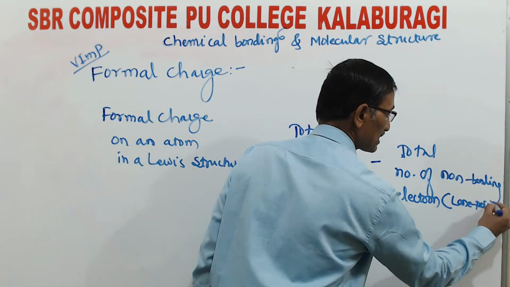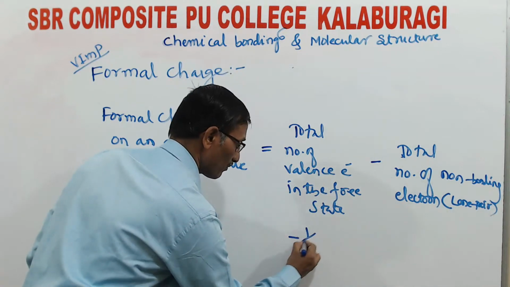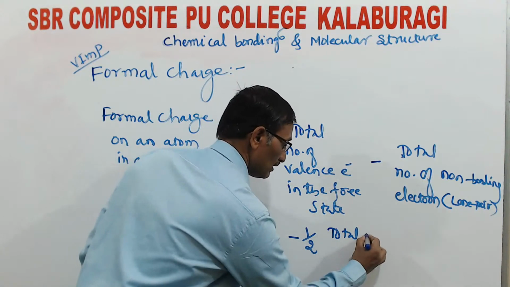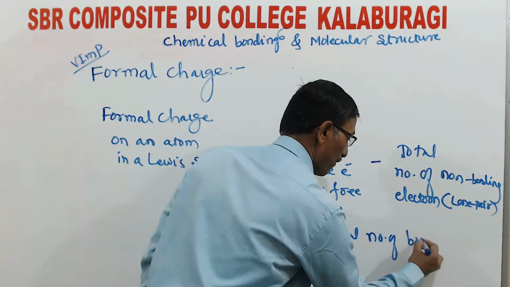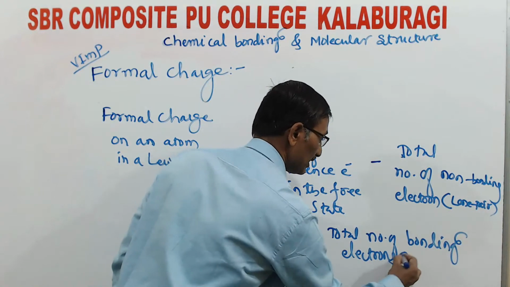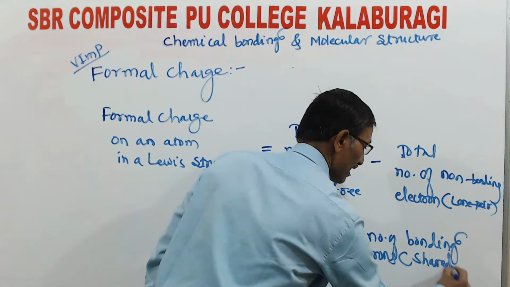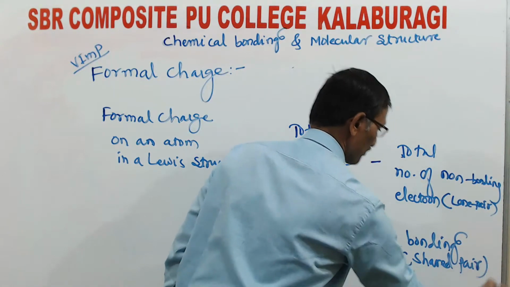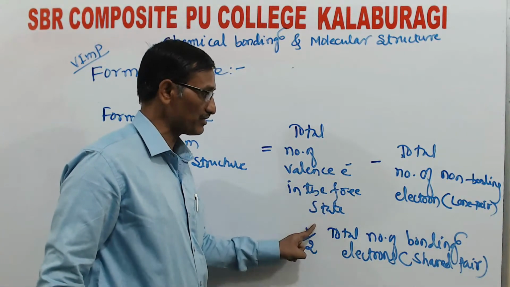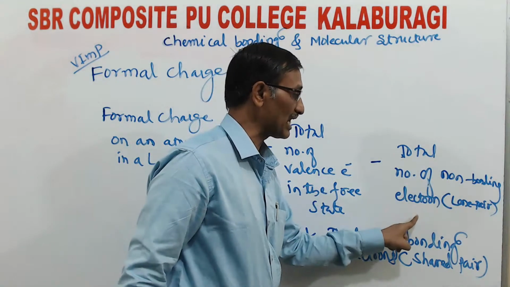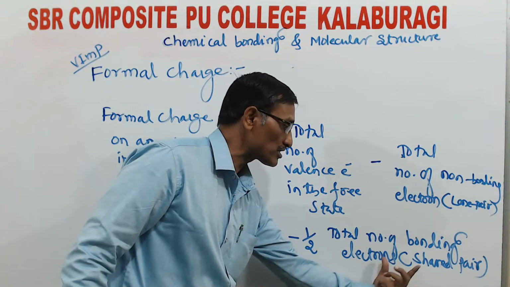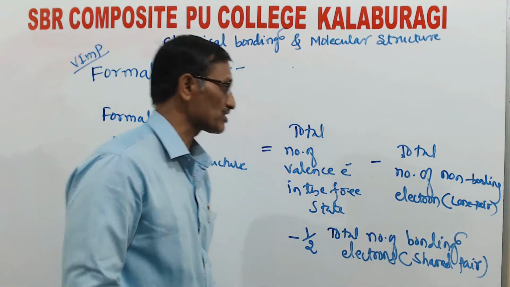In that again, minus 1 by 2 total number of bonding electrons. Within the bracket I will write bond pair, shared pair electrons also we can say. So in the verbal statement: total number of valency electrons in the free state minus total number of non-bonding electrons, known as lone pair, minus 1 by 2 total number of bonding electrons, known as shared pair electrons.